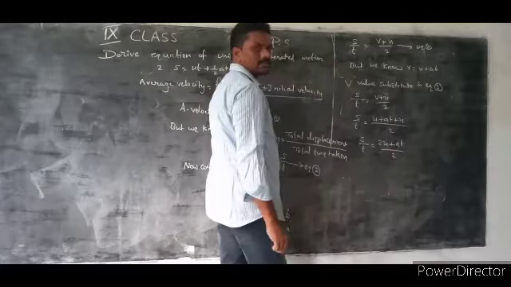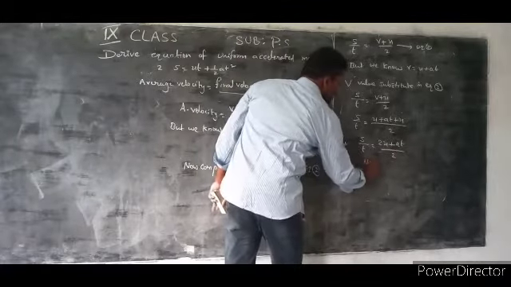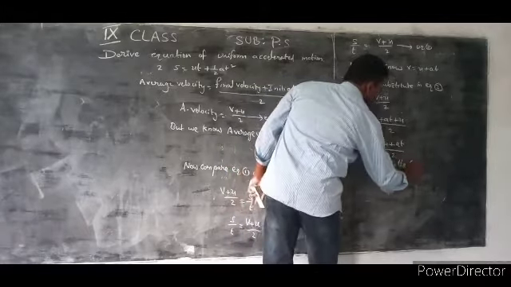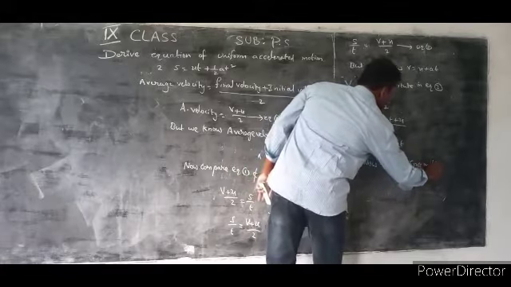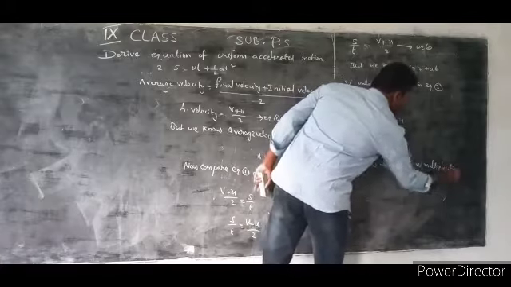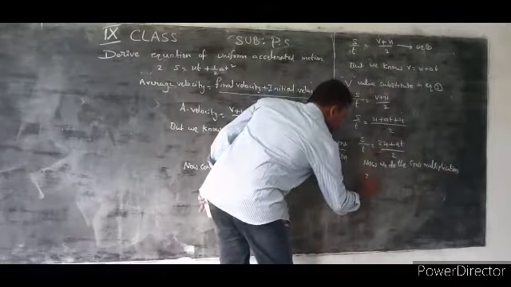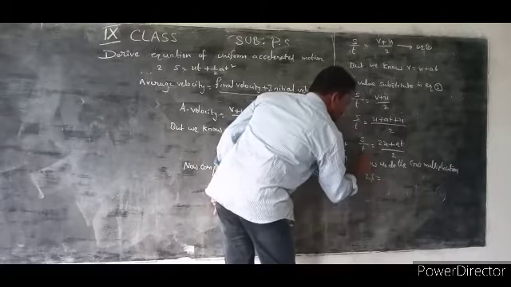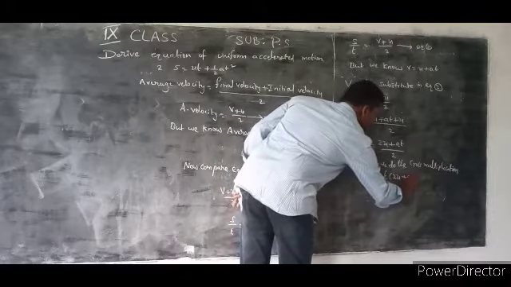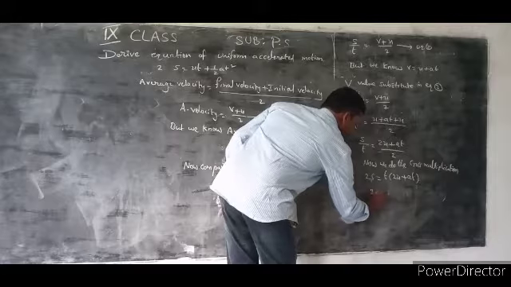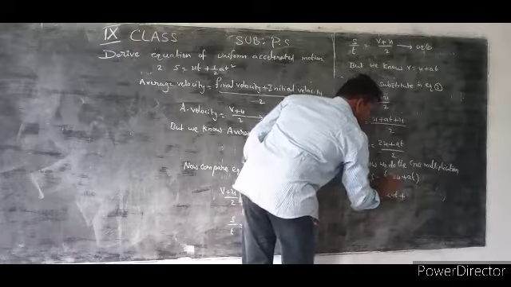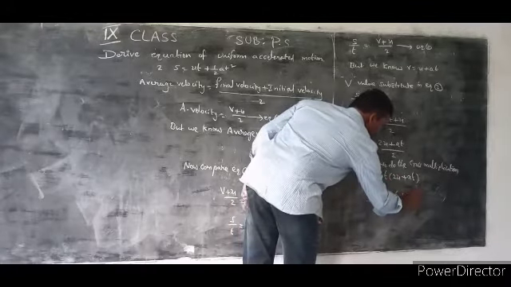Now we do the cross multiplication. Here 2 into s is 2s, and t into 2u plus at. Therefore, 2s is equal to 2ut plus at into t, that is at square.